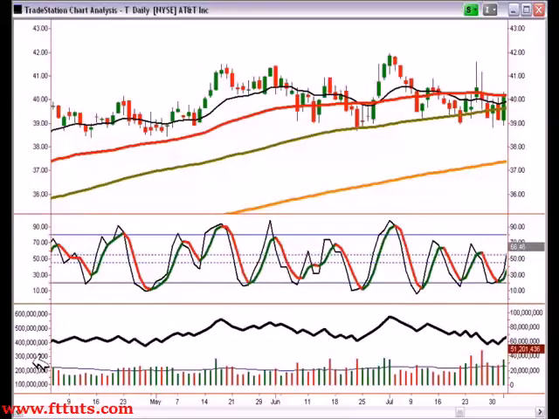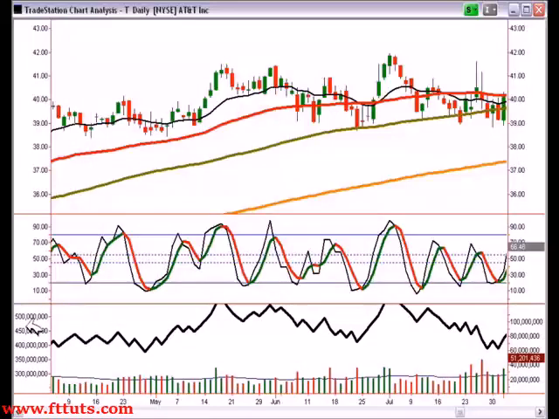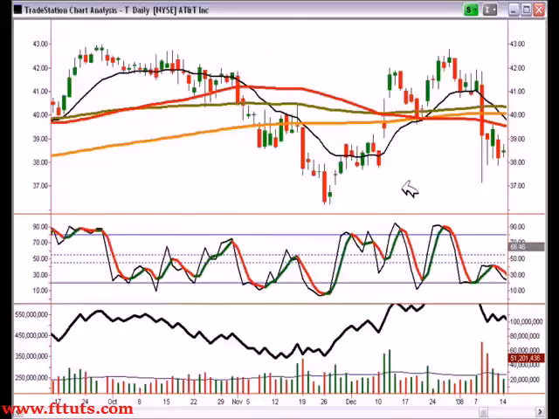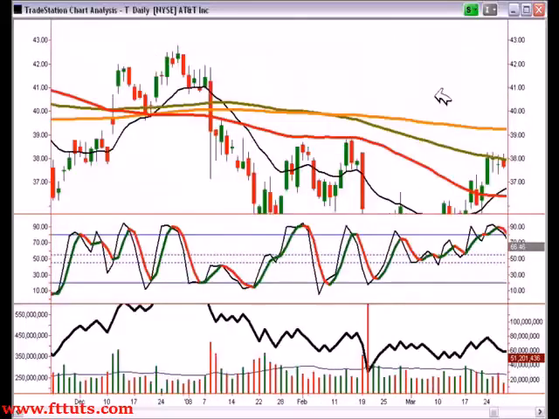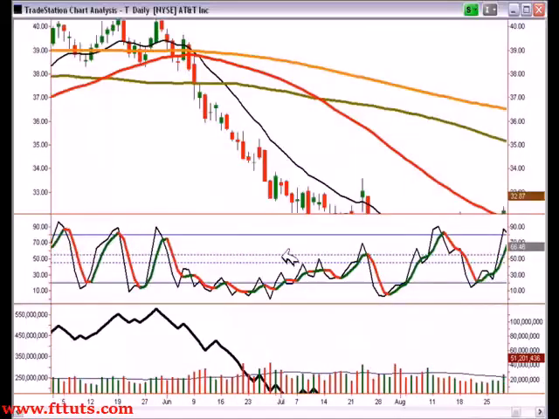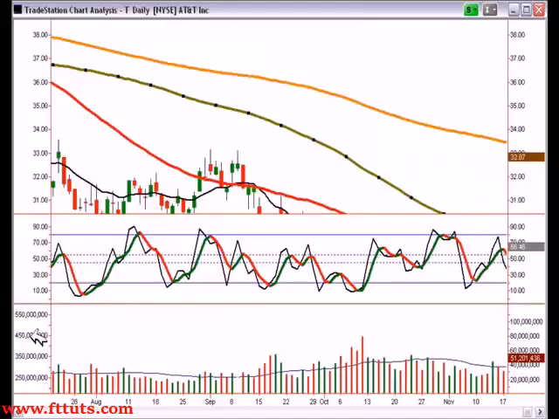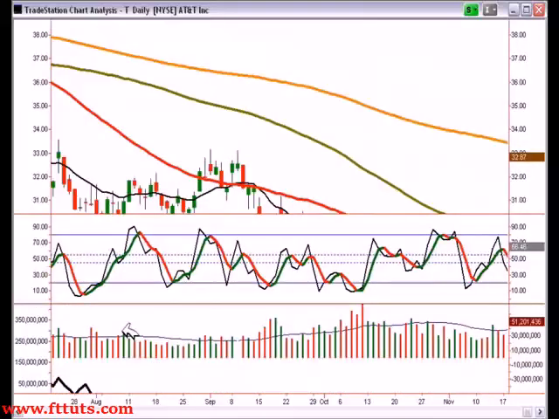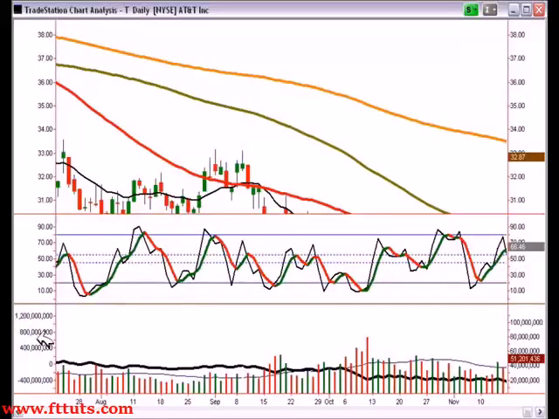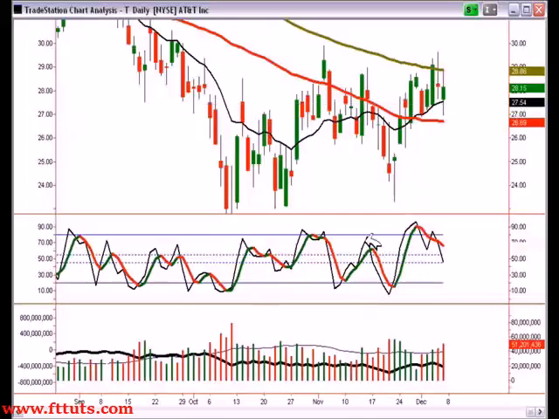Gotta adjust our scale here. All right, so we looked at all of this. Let's look at where we are right now.